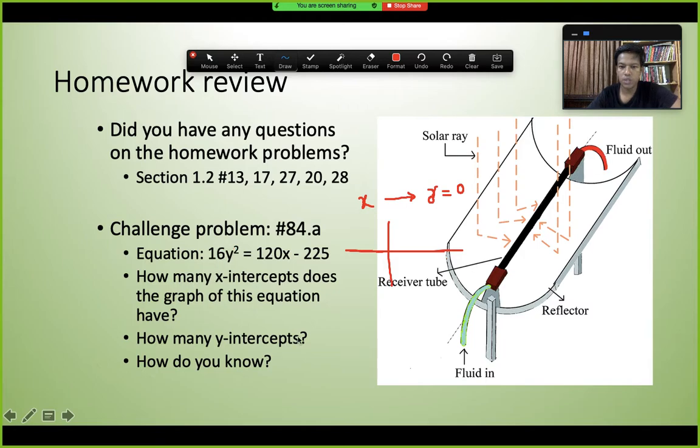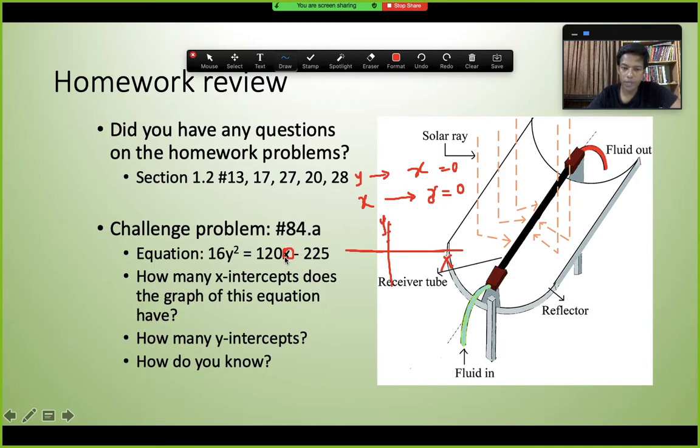Similarly, this is the x side and this is the y side. On the y line, everywhere on the y line, the x value is 0. That's why to find the y-intercept, we put x equals 0 in the equation, and then do the calculation to find the answer.